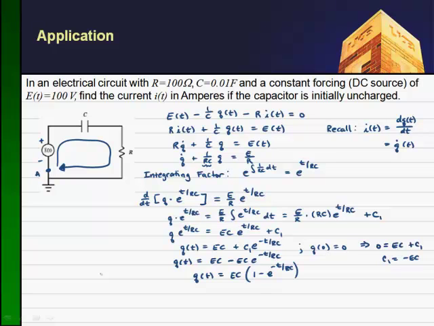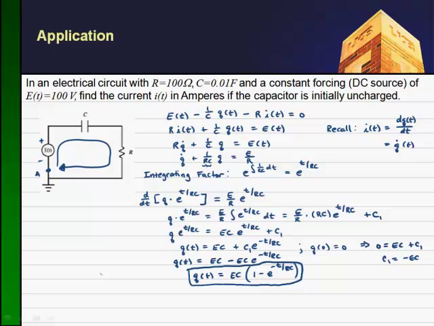And again, I could write this EC as some Q max, or just some Q or Q naught or some other Q, and write it as just Q of t is equal to capital Q times 1 minus e to the minus t over RC. But for now, I'll just leave it like this, and then maybe we'll plug in some numbers and see what this thing does.